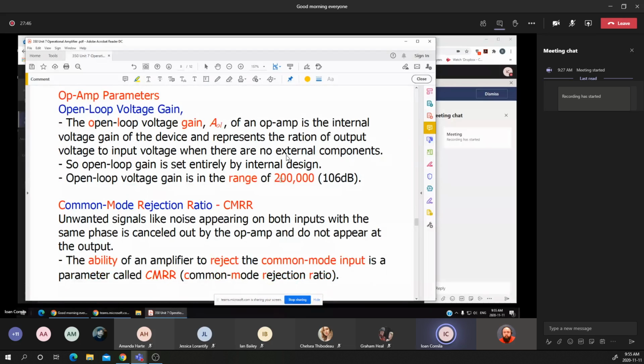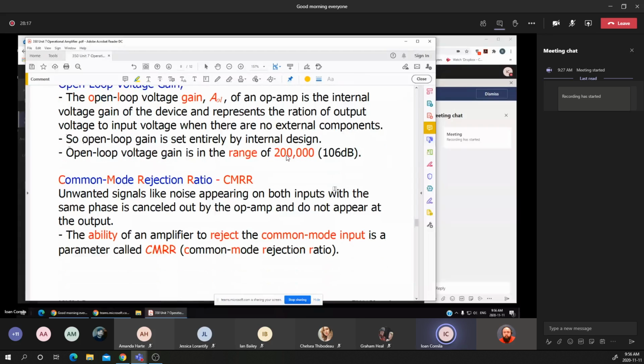Sometimes it's defined as a dimensionless number, for example, 200,000, but most of the time it is defined in dB. You notice that dB is one of the convenient ways of defining a large number. Instead of 200,000, we can write 106 dBs. But anyway, in this range, or around 106 dBs, will be the open loop gain.